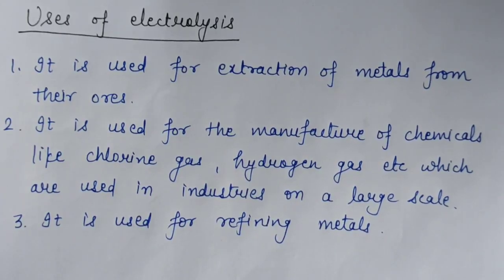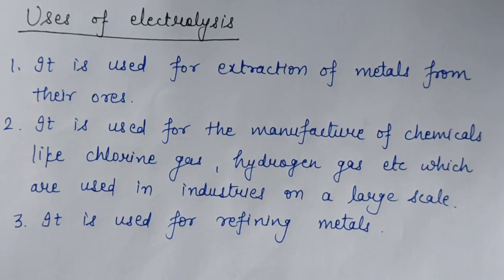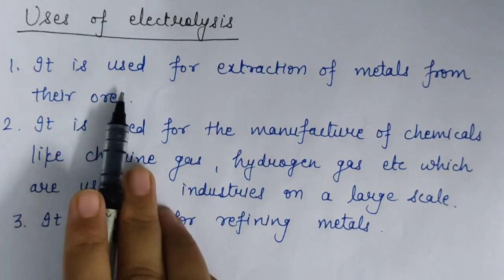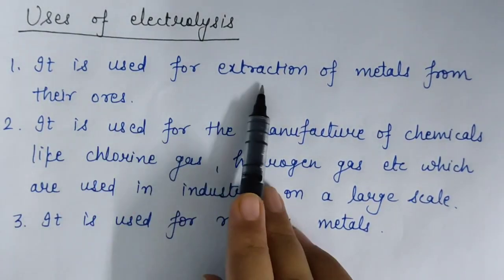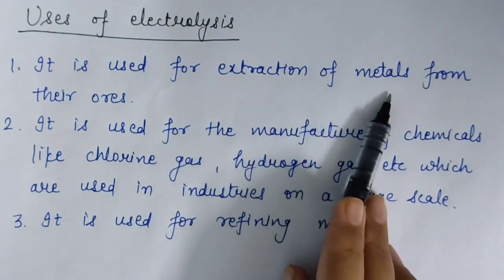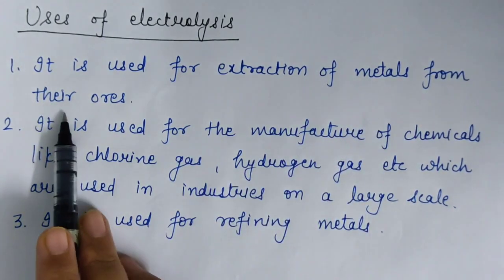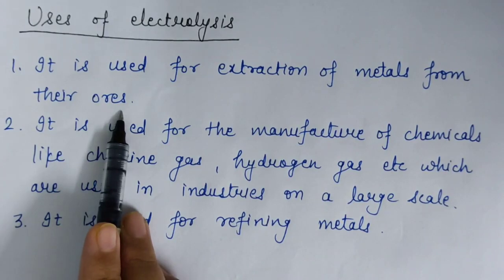Uses of electrolysis. Now what are the uses of this process? First, it is used for extraction of metals from their ores.